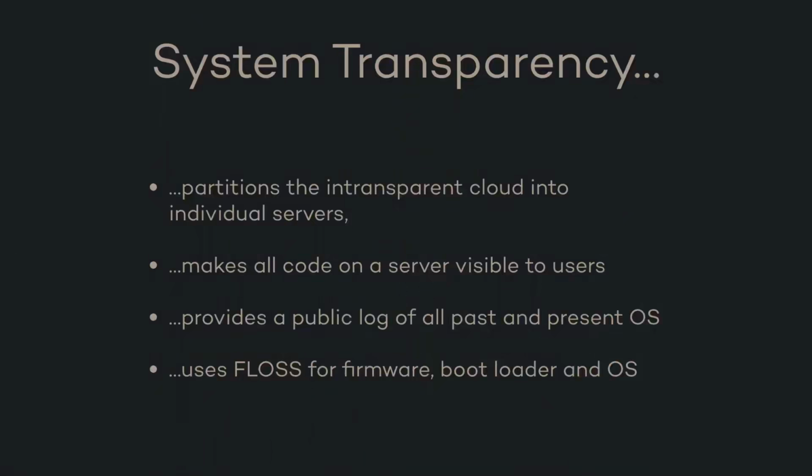So, in a nutshell, system transparency partitions the intransparent cloud of servers into a set of individual servers that have unique platform identities, which allows us to make specific statements about specific servers, right? Because we are still connecting to specific servers.